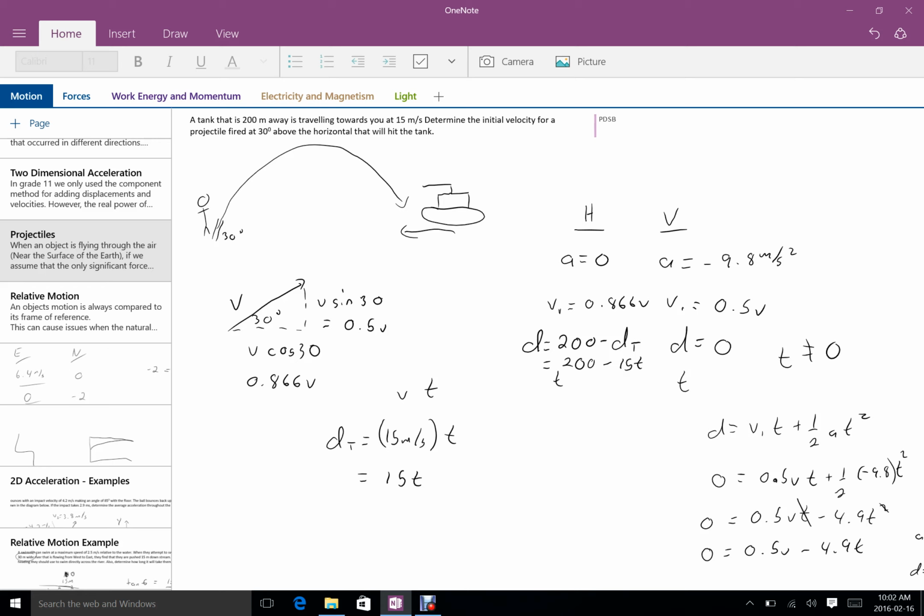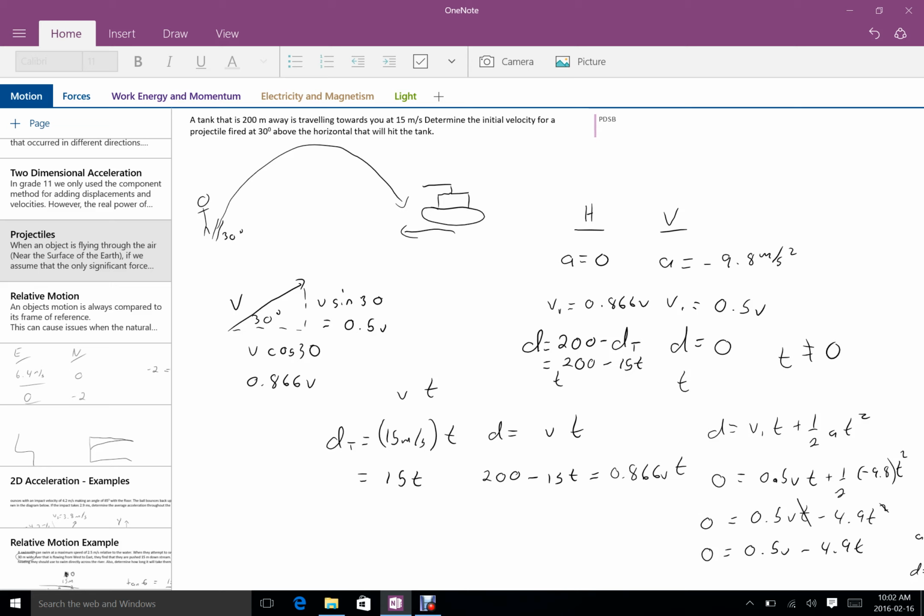So in the horizontal direction, d is going to be equal to vt. There's no acceleration, so I can use the uniform motion equation. I don't have to add the 1/2 at squared. So d, or the horizontal range, is 200 meters less the movement of the tank, and that's going to be equal to 0.866 v times t.